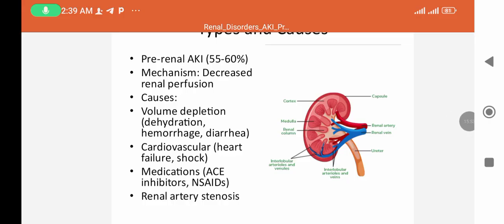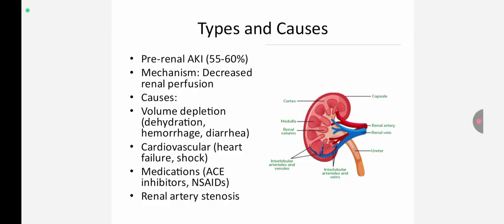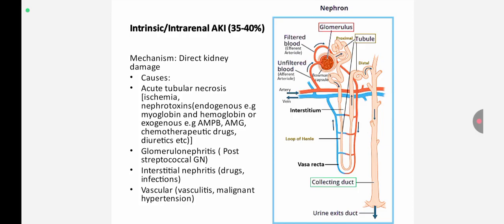So the urine is clean, the urine is pure, but there is an injury already. Now, the second one is your intrinsic. Okay, now intrinsic, your intrarenal AKI, it affects the kidney, the nephron itself.